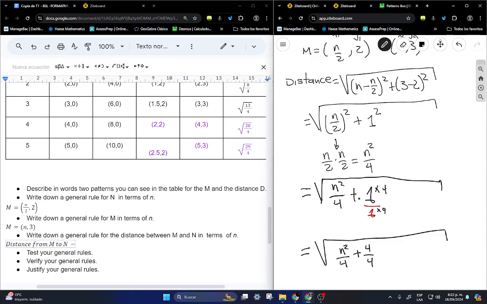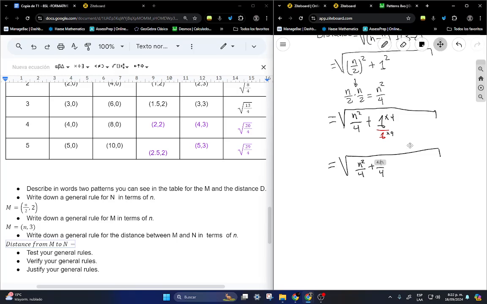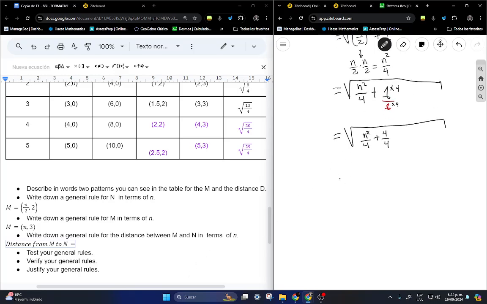And that becomes, finally, if these have the same denominator, we leave it, and we just make the additions with the numerators. But n squared plus 4 is just n squared plus 4. We cannot do any more.